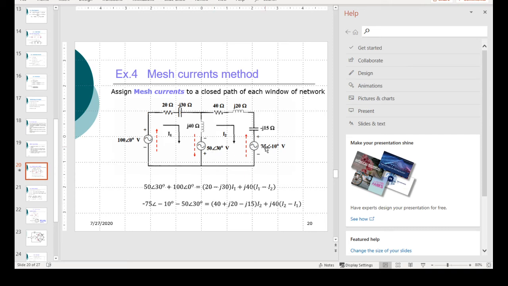So I'll say minus 75 angle minus 10, minus 50 angle 30, so I add them here.